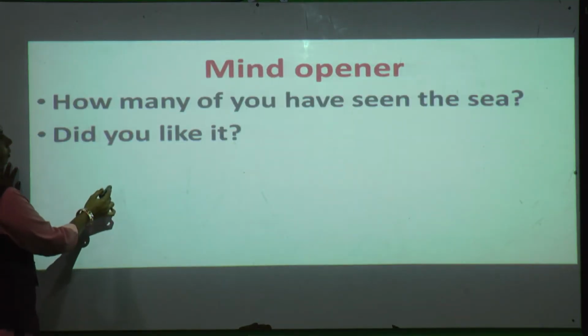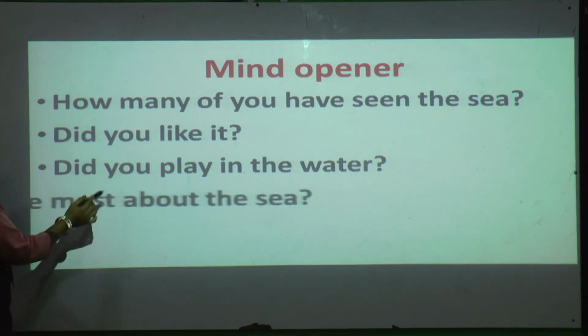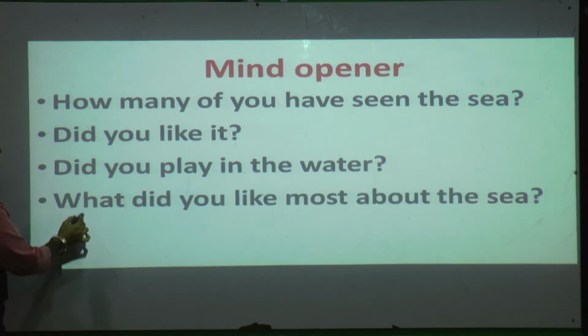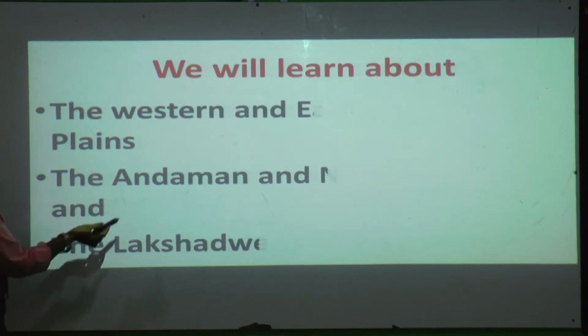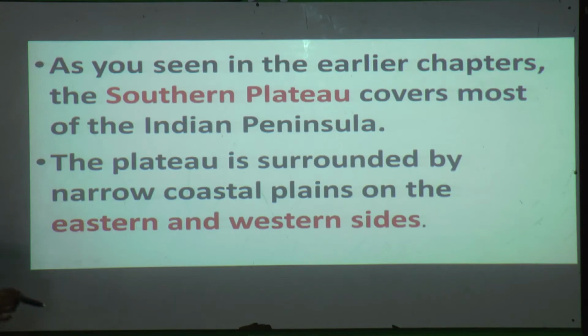We have already discussed this. Have you seen in the earlier chapter, the southern plateau covers most of the Indian peninsula. The plateau is surrounded by narrow coastal plains on the eastern and western sides.